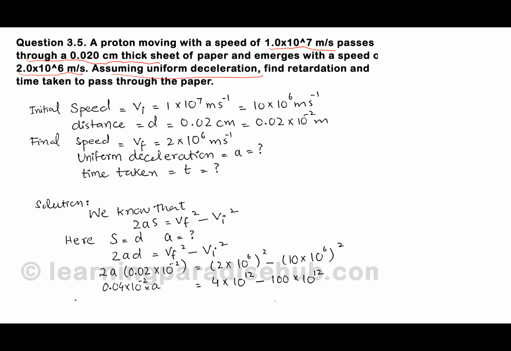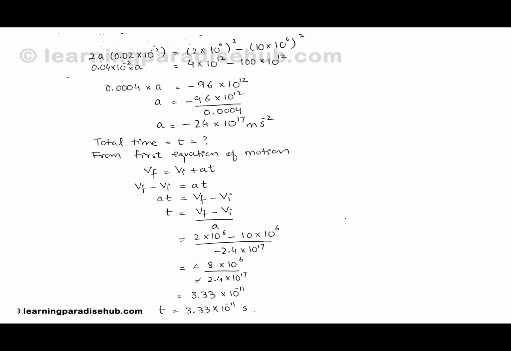Find the deceleration. So initial velocity, thickness, final velocity, acceleration, we have to find the acceleration and time. For acceleration, use the third equation of motion, and for timing, use the first equation of motion. You will get the values.